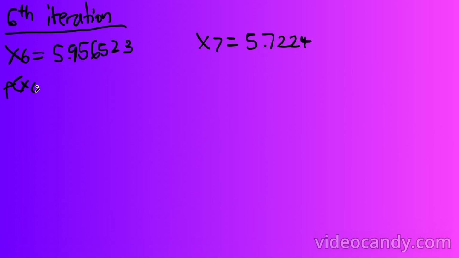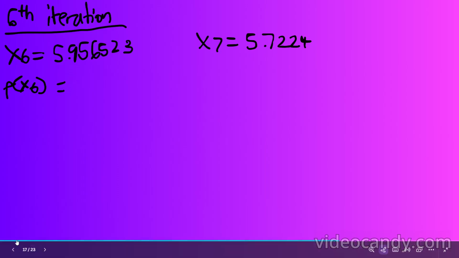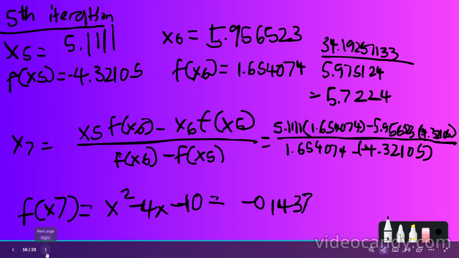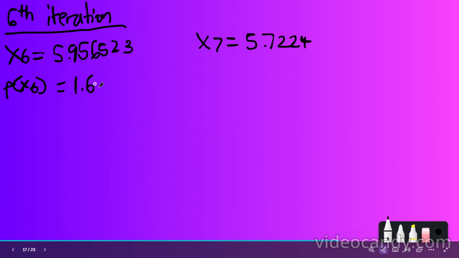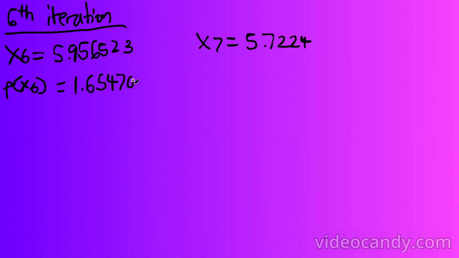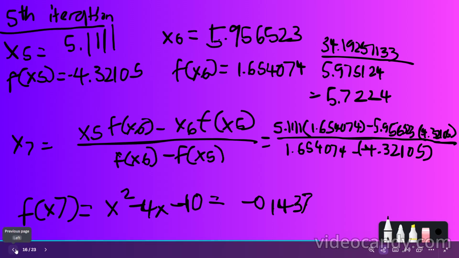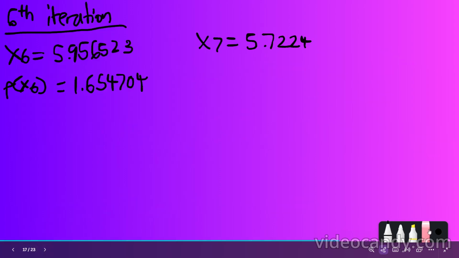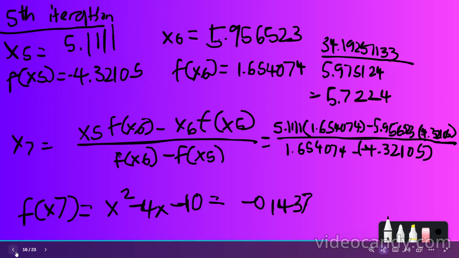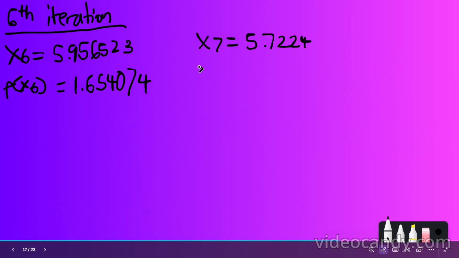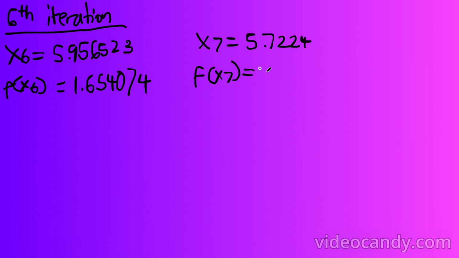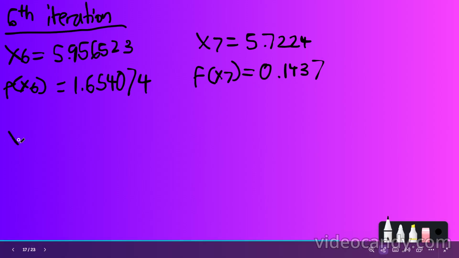Yeah, so f of h6 is 1.654074, and the next one, f of h7 is negative 0.1437. Yeah, so as for h8.